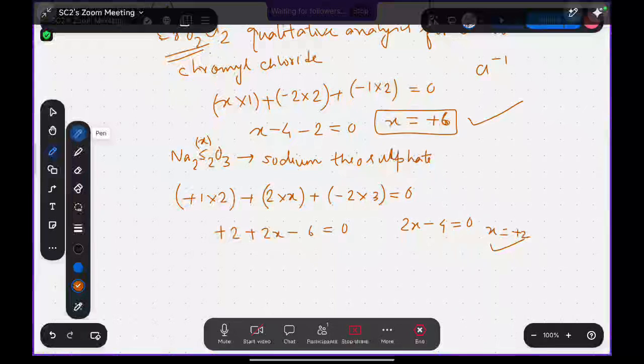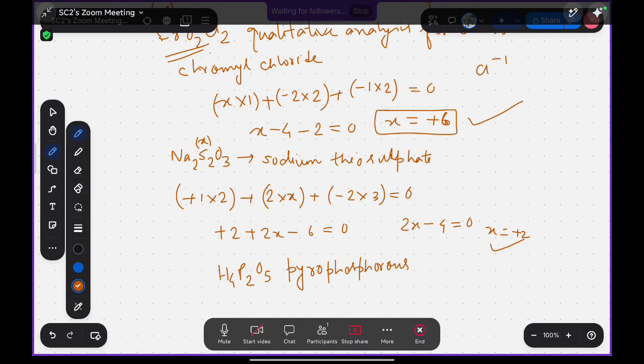Let's take another example. Say H4P2O5, the name of this compound is pyrophosphorus acid. There are many oxy acids of phosphorus.